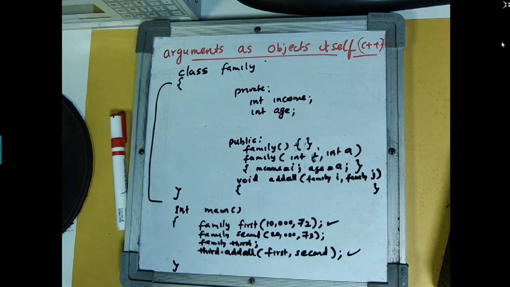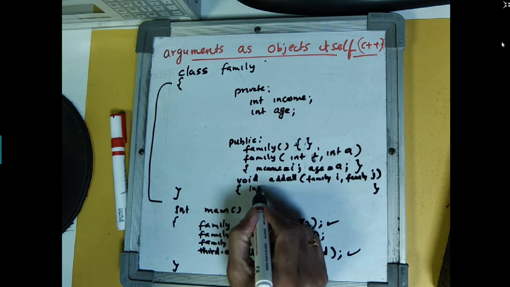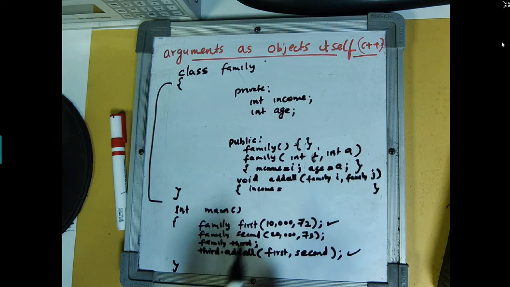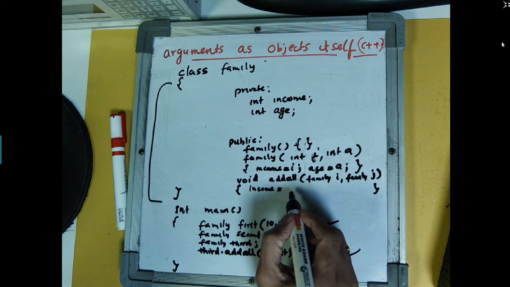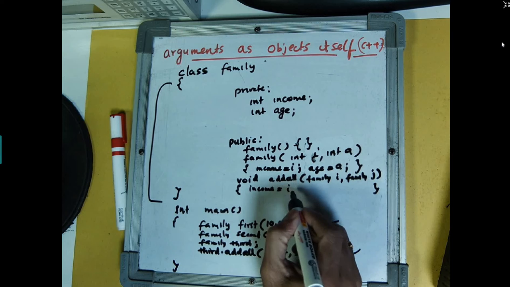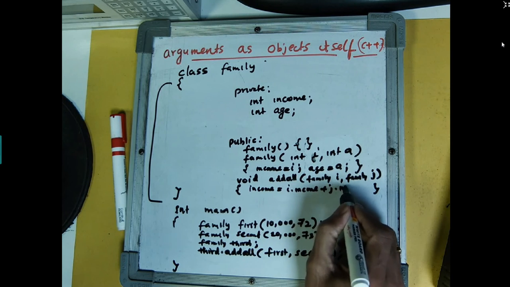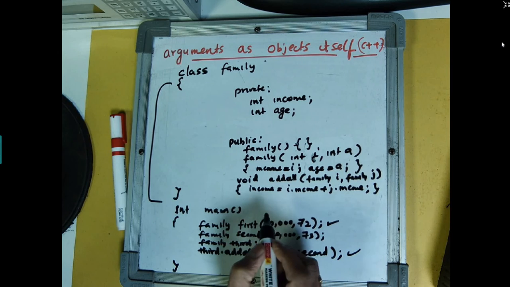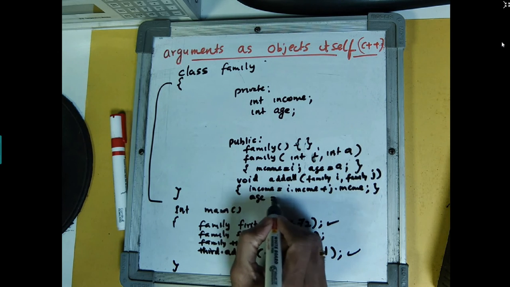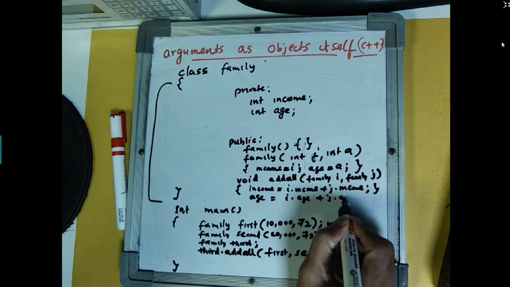What you are going to say is: income is equal to i dot income plus j dot income. Age, you will say i dot age plus j dot age.